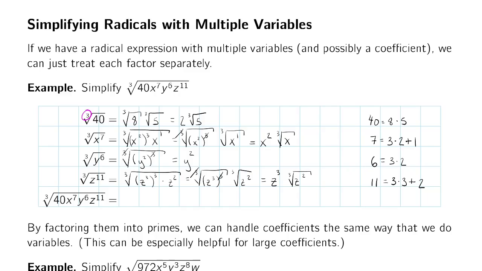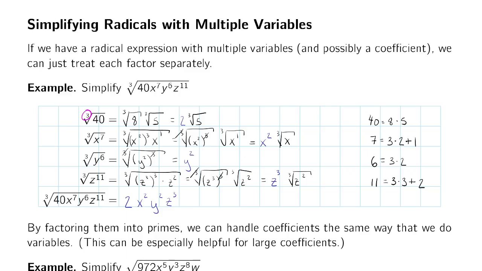Okay, now we can multiply all of those together. And because multiplication is commutative, I can put all of these factors in whatever order I want. And the order I want is to put everything that's not inside a root first. So I'll have a 2, an x squared, a y squared, and a z to the third.